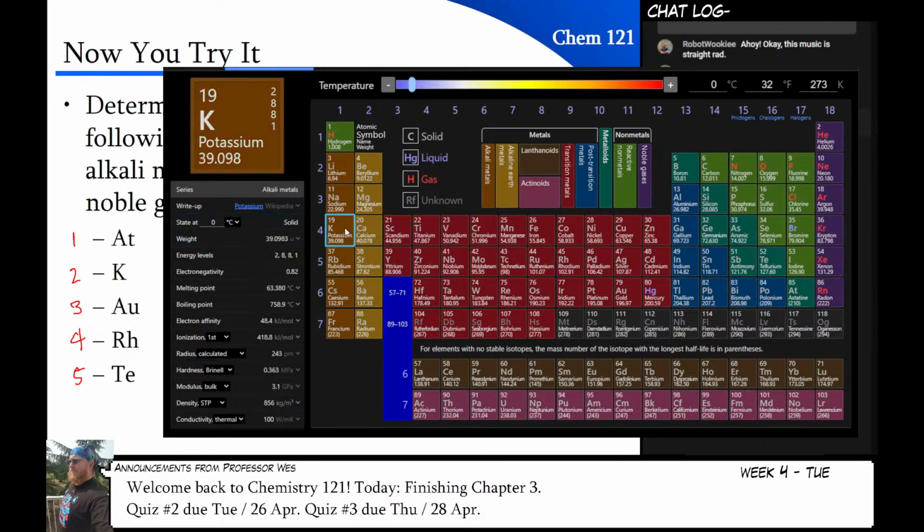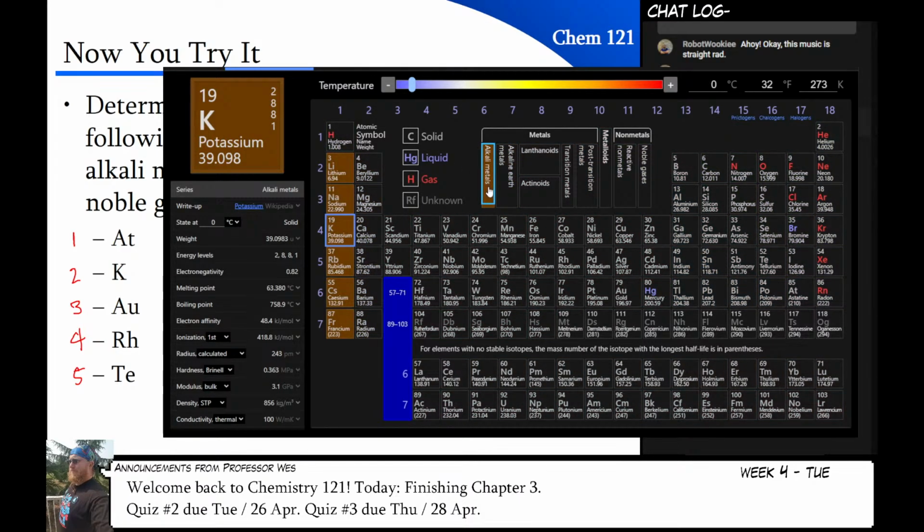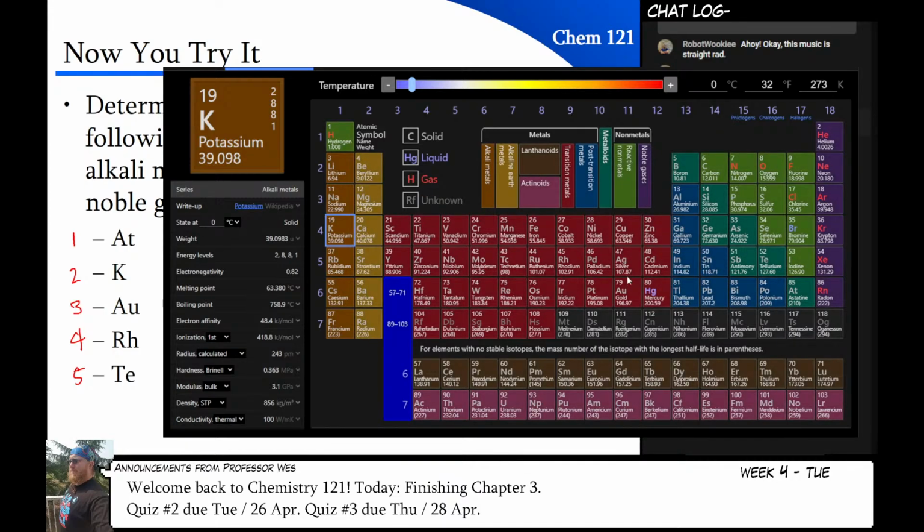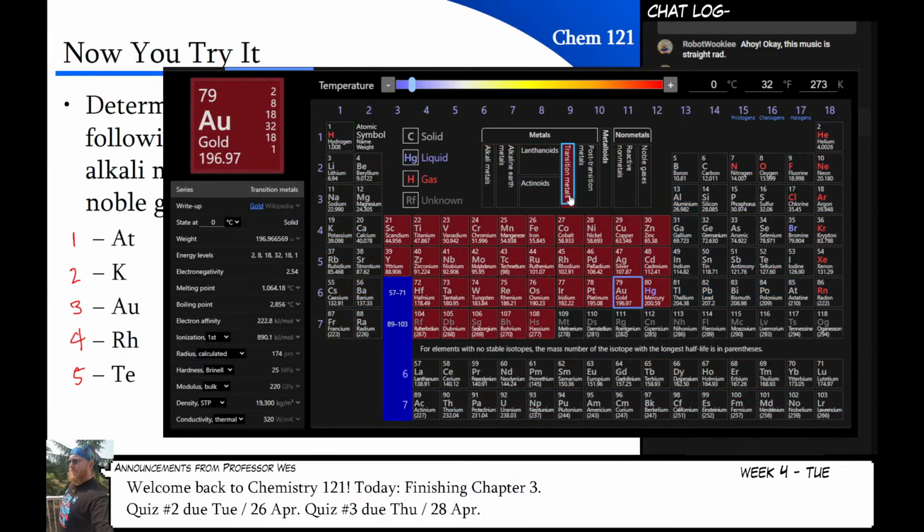How about potassium? Potassium's over here. Potassium is in group 1, period 4, and is an alkali metal. You can see the name of that right there. What about gold? Here's gold right here. Gold is in group 11, period 6, and is a transition metal.